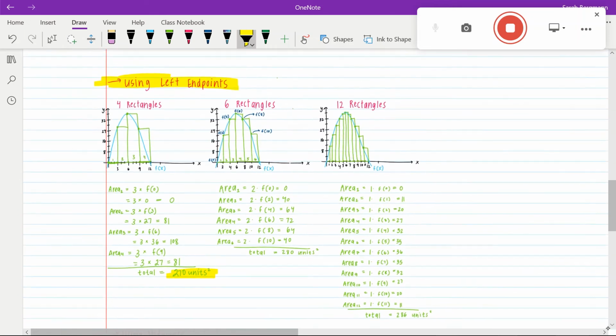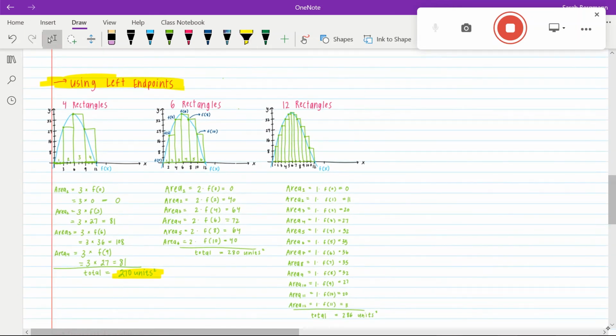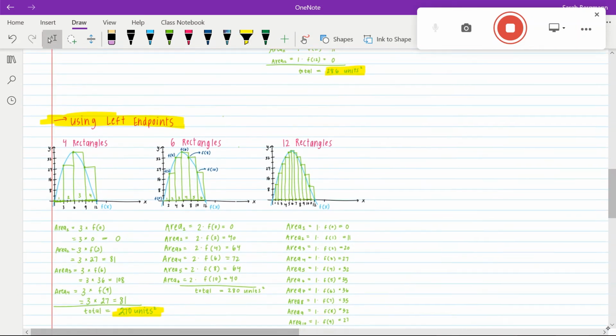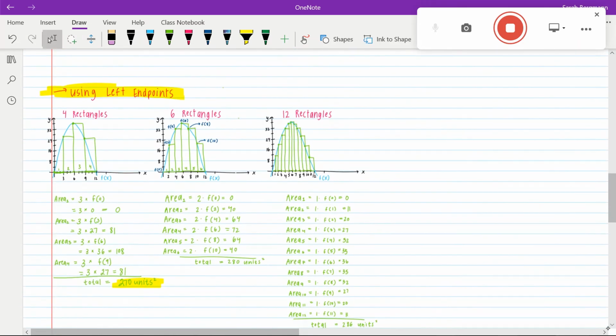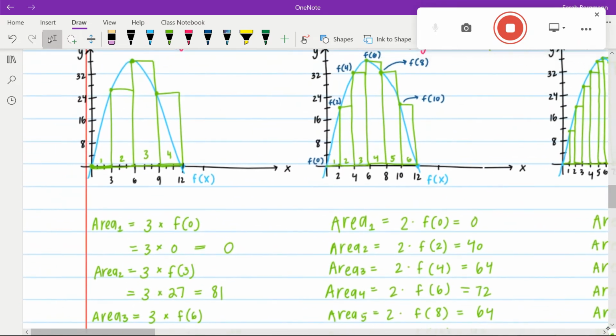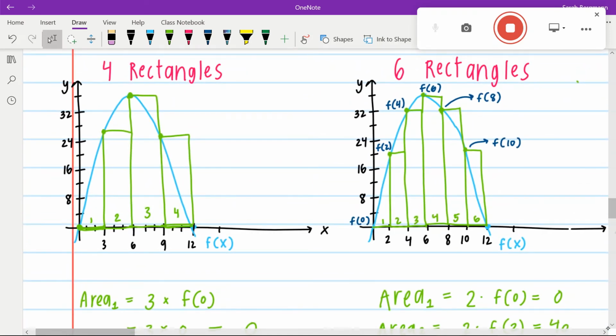So notice that for using 4 rectangles, whether we use the left endpoints or the right endpoints, it gave us the same answer. This will not always happen. It just happened on this function since it was perfectly symmetrical on this interval.